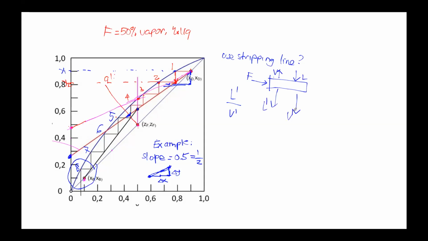Okay, if in the design section, if you haven't made the distillation column, maybe you can design again your distillation column, and for example there, make a new operating line, and then 1, 2, 3, 4, 5, 6, 7, 8, 9.